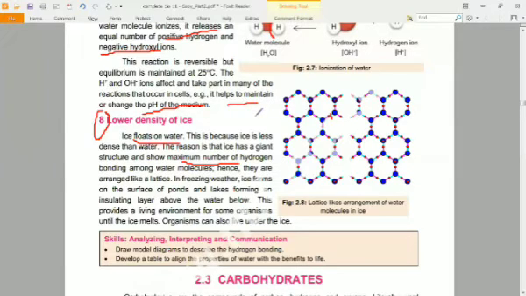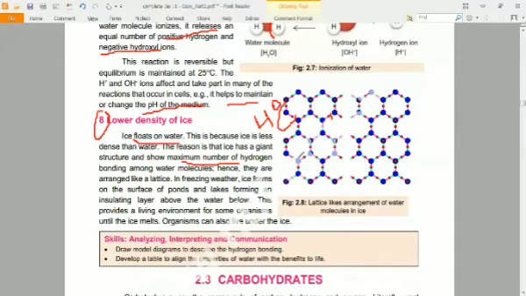When ice or water comes to 4 degrees Celsius, its density becomes maximum, because water molecules are coming closer due to the reduction of temperature.